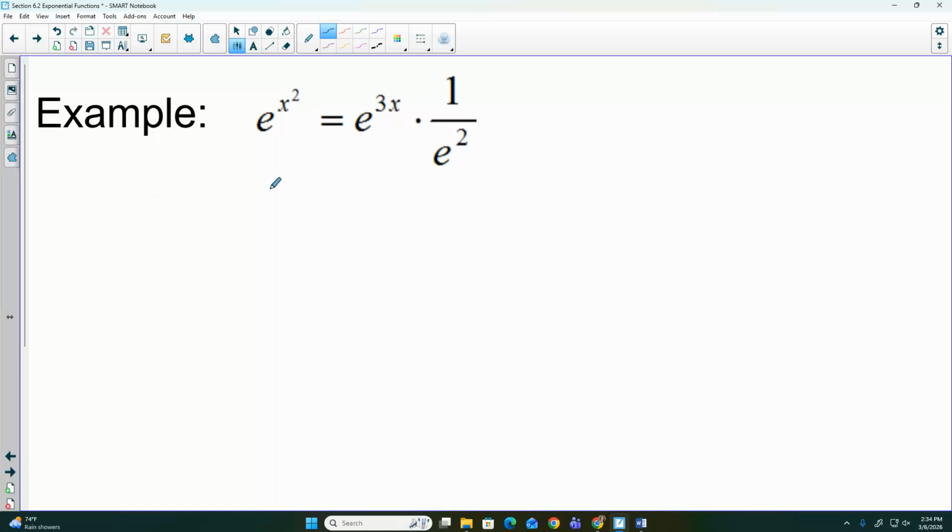All right. Don't panic just because you see an e. That's just my base. So I have an e to the x squared. I have an e to the 3x. How could I rewrite 1 over e squared? So then exponent rules, if these e's are multiplied, we add their exponents.